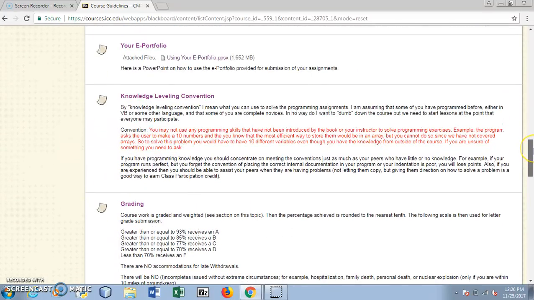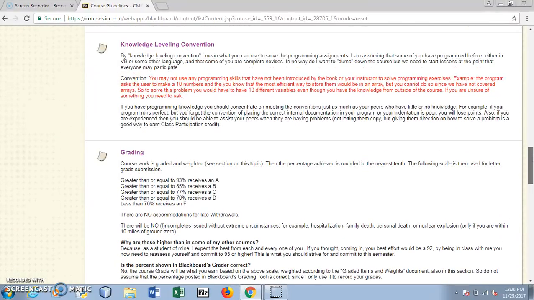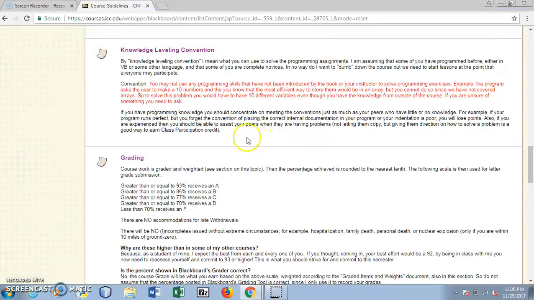Okay? Your e-portfolio, I'll go through in a future one. Course leveling, if you already know Visual Basic, you cannot use those things until we've covered them in the book. You can only use things that have been covered in the book.